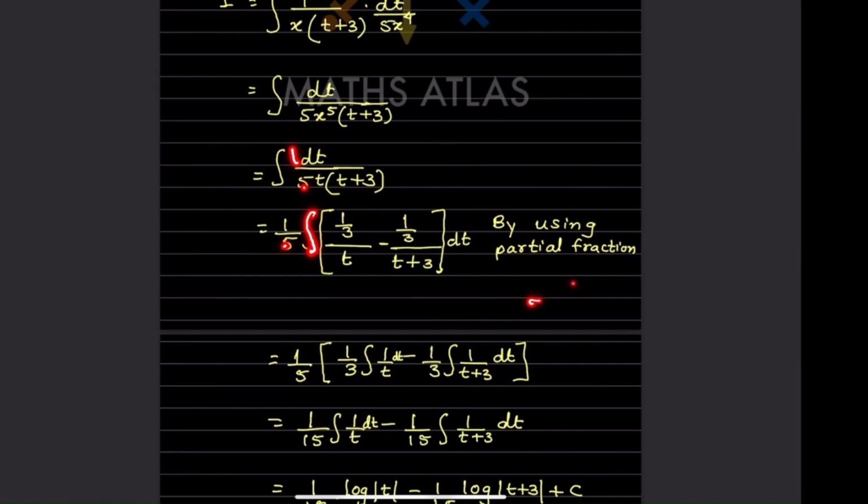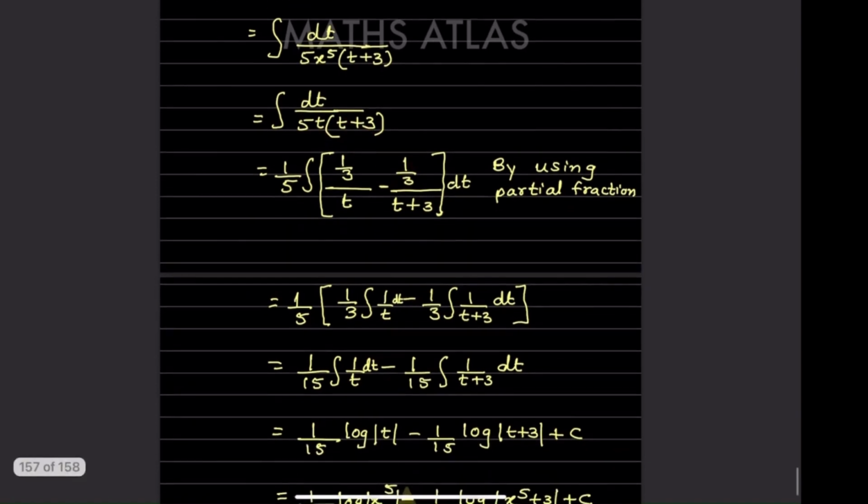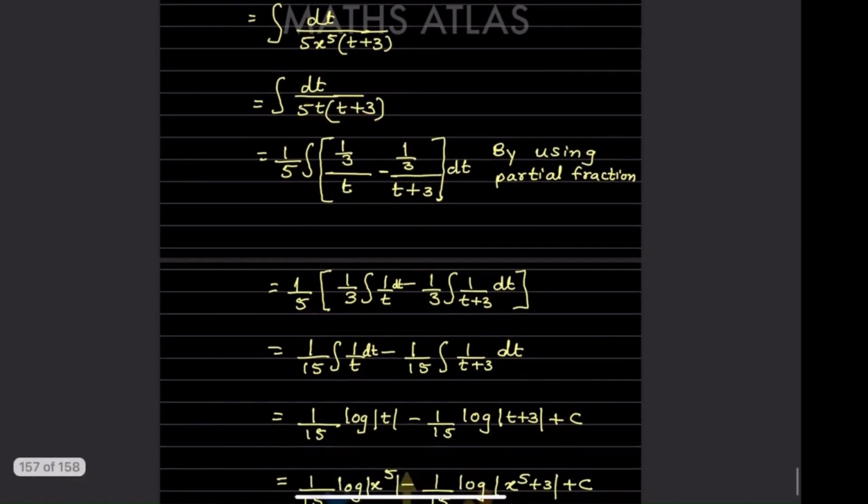So now with the help of partial fractions, we can write this as 1 by 3 times 1 by t minus 1 by t plus 3, dt, by using partial fractions. So now again, this 1 by 5 let us keep outside, and this 1 by 3 let us also take outside the integration.